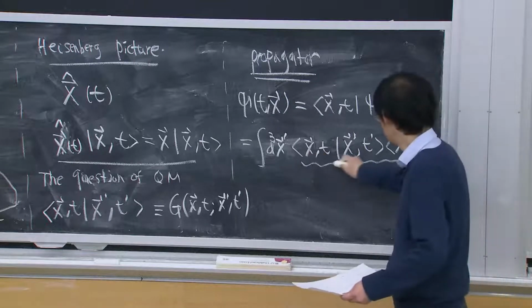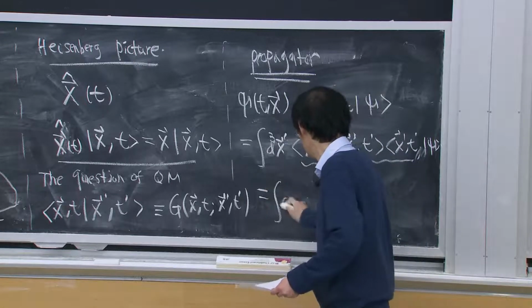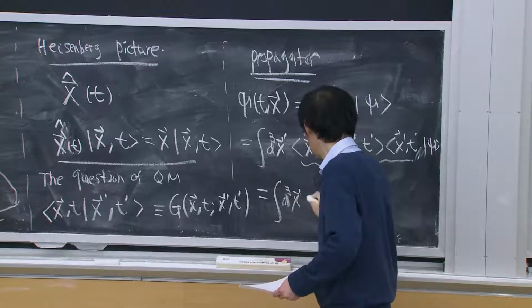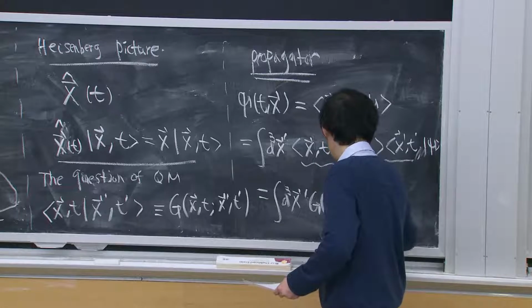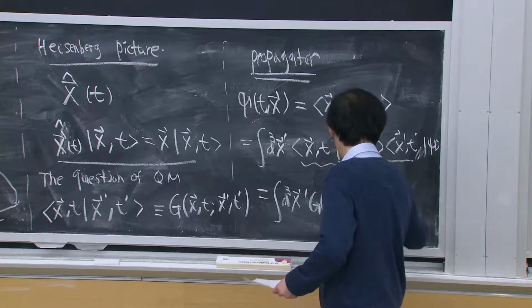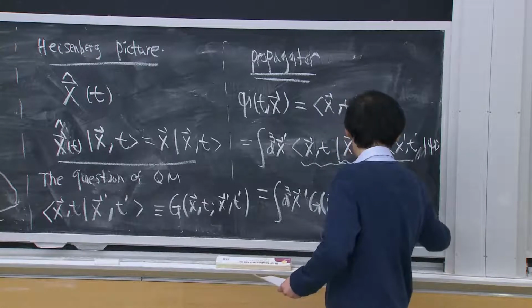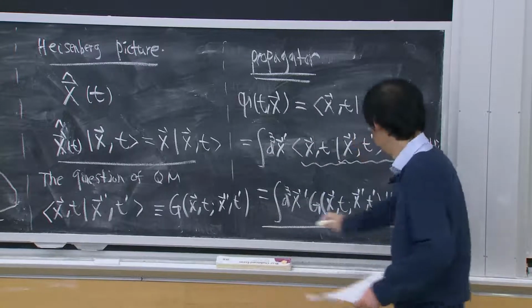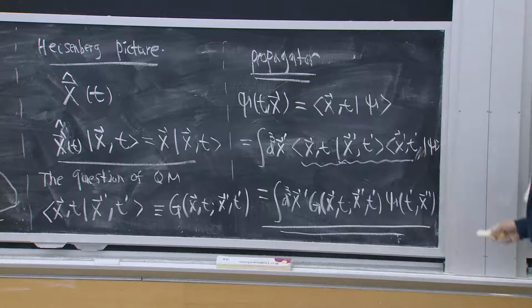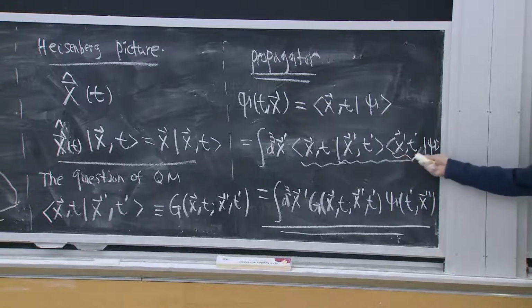Then this object is just G, so you get G of x t, x prime t prime, times psi at t prime, x prime, which is the wave function at t prime.